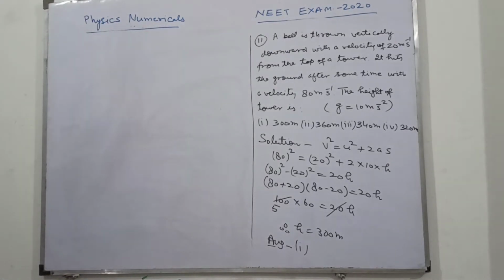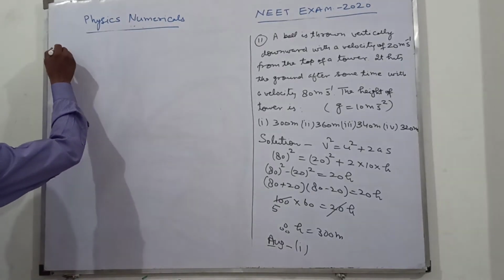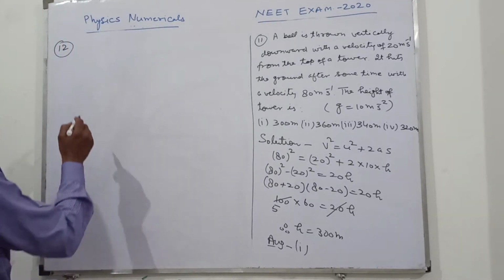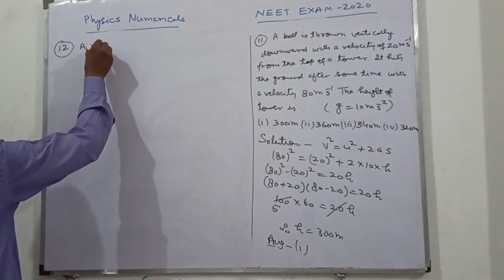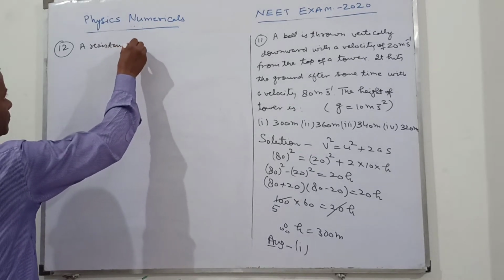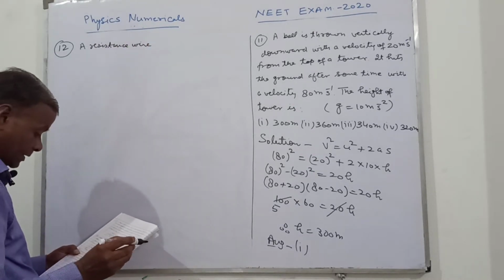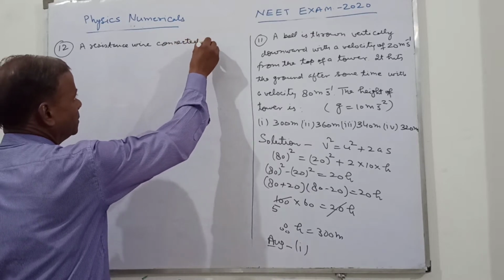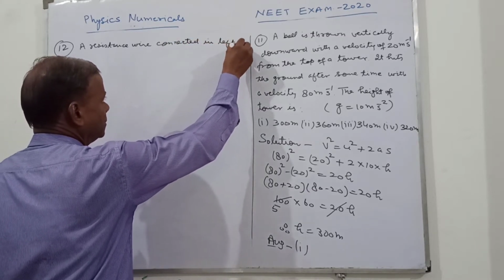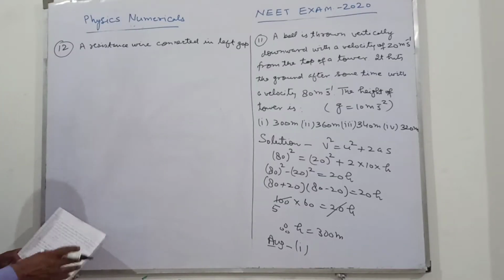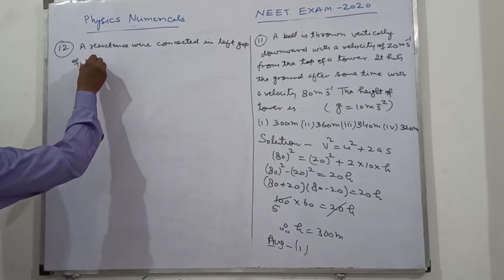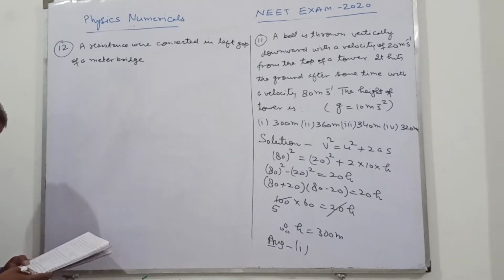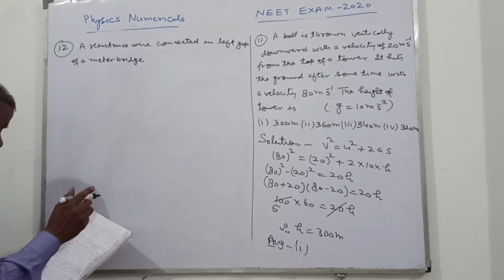And now I am taking question number 12. A resistance wire connected in left gap of a meter bridge.